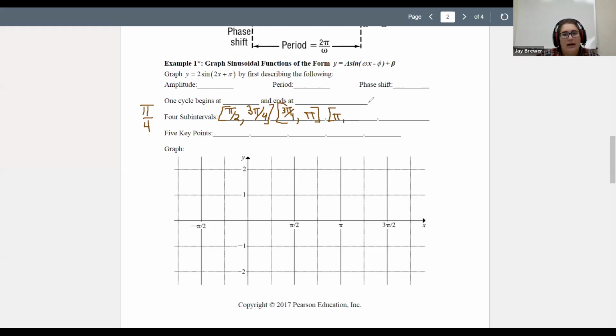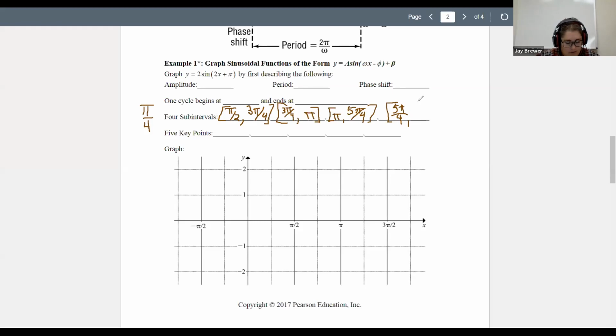Okay, so pi is basically equal to 4 over 4. So then if we add another fourth, we're looking at 5 pi over 4. And then I'm going to show you a trick when we go back into Desmos.